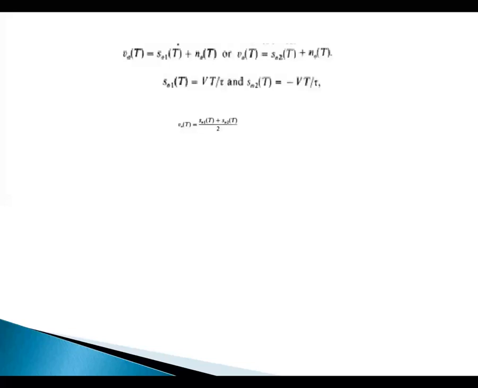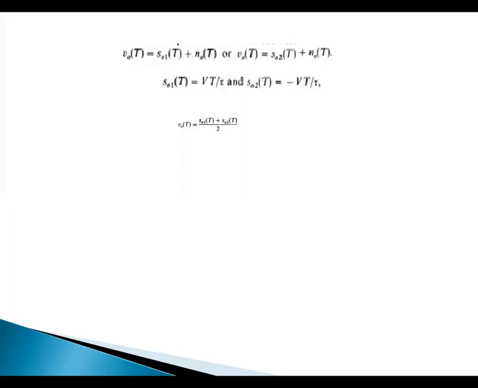S naught 1, S naught 2 are the signal outputs. So gamma is S naught 1 of t minus S naught 2 of t by sigma naught. Can you define the optimum filter ratio gamma? The difference of the signal outputs by sigma naught.